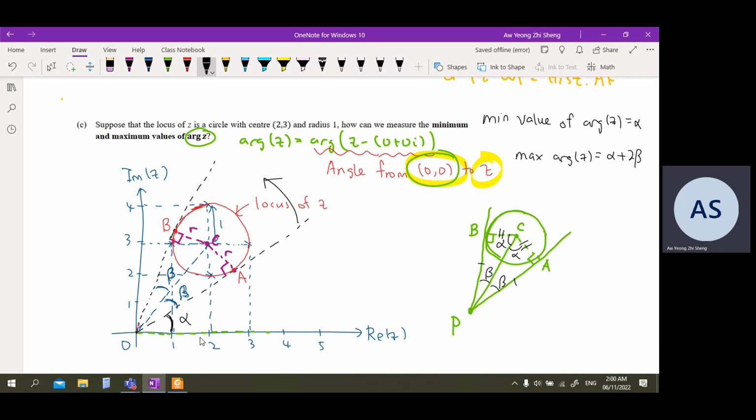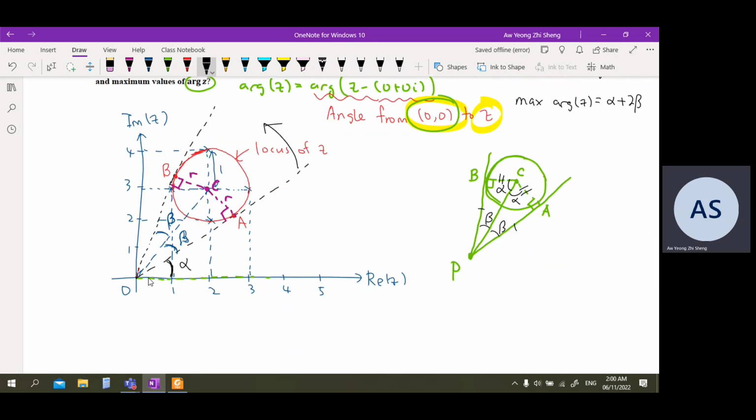So with that in mind, let's calculate the numerical values of alpha and beta. Let's calculate alpha first. To get alpha, it's not that easy. We should get beta first.